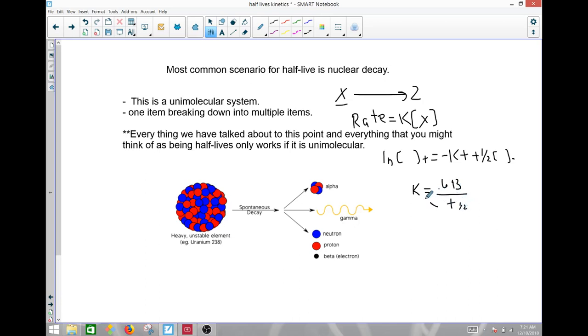And of course, these two can get shuffled back and forth. It would also follow that the natural log of the concentration versus time should have a negative slope because of the negative value, and it should be straight. Again, all unimolecular items are going to be first order and one step.